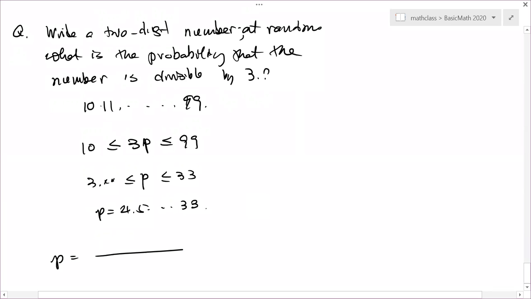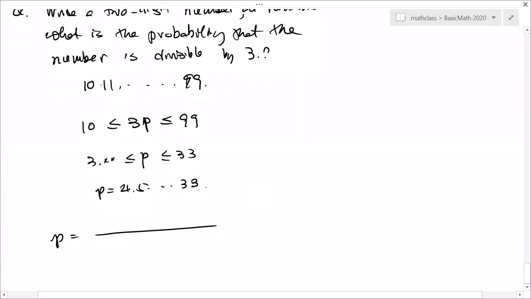So the probability, you have to figure out the total number of 2-digit numbers. The total number of 2-digit numbers here is 90.